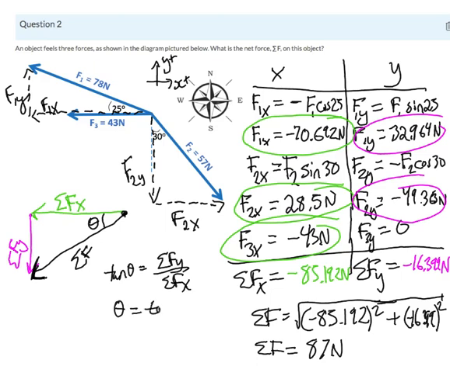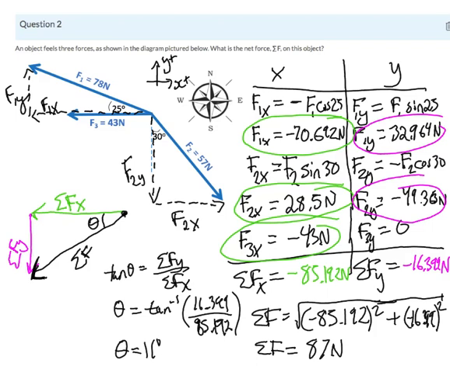So theta will be the inverse tan of that y force, which is the 16.399, divided by the net x, 85.192. Inverse tan that, and you should get 11 degrees.